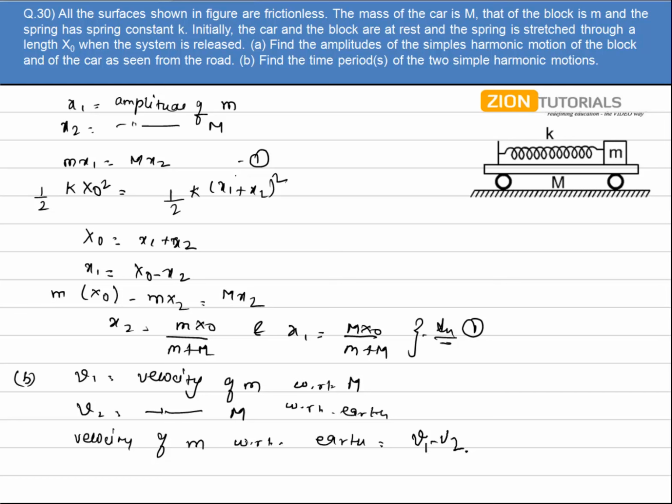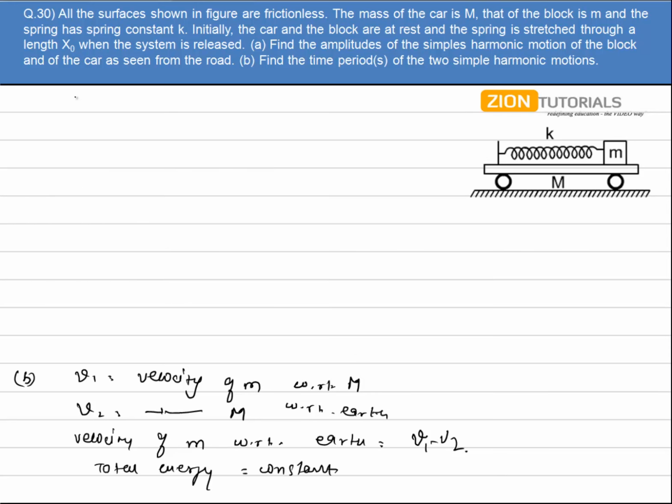Right. Now one thing we know, that in such cases the total energy will always be conserved, that is, total energy will be constant. So total energy can be written as half of capital M v2 square plus half of small m (v1 minus v2) whole square plus half of k into spring energy, that is (x1 plus x2) whole square, that is equal to constant.